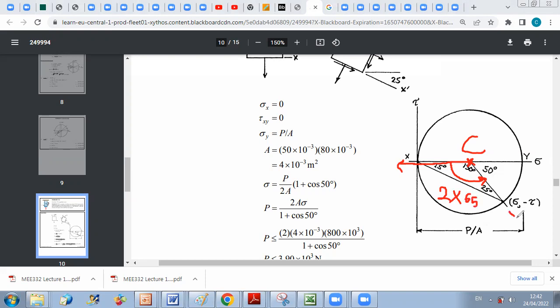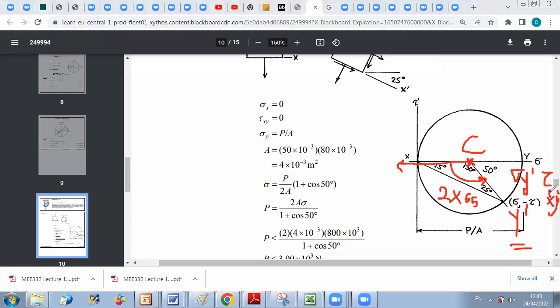No need to illustrate point x prime because they only want the state of stress in the plane of glue, which is perpendicular to y prime. So I just need to define this state. What is sigma y prime and what is tau x prime y prime?